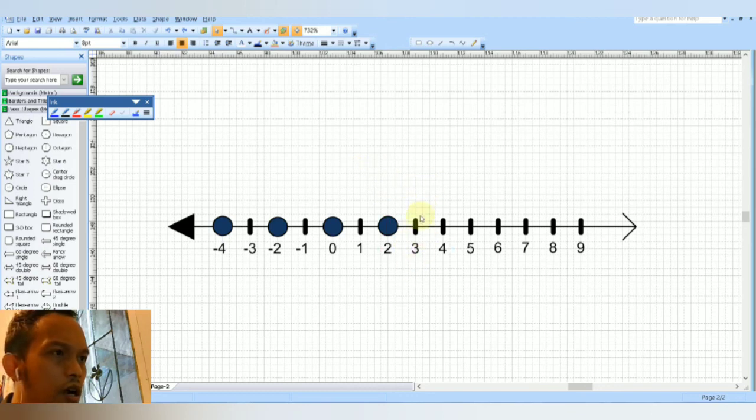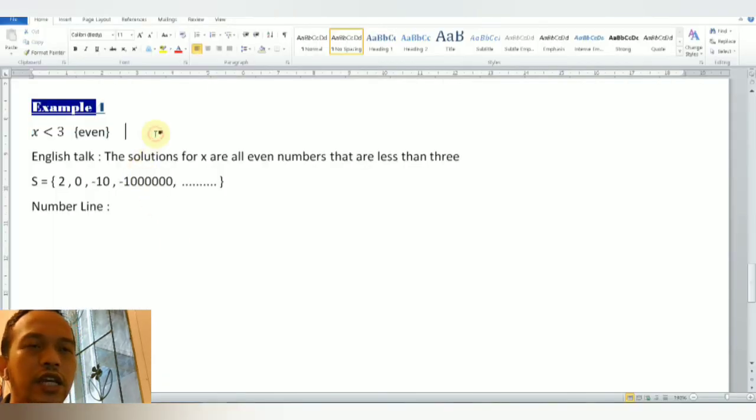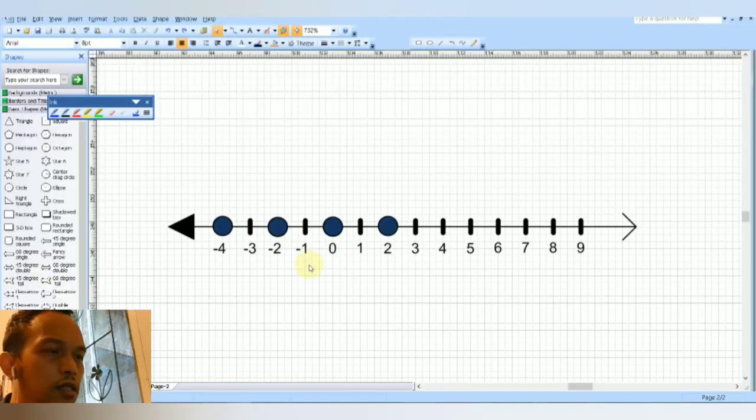Mister, how about the 3 itself? I thought the inequality is x less than 3. Why is it not shown on the number line? I want to be clear: the number line presents the solution set, not necessarily the inequality.